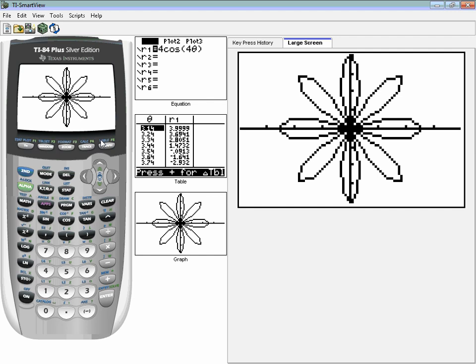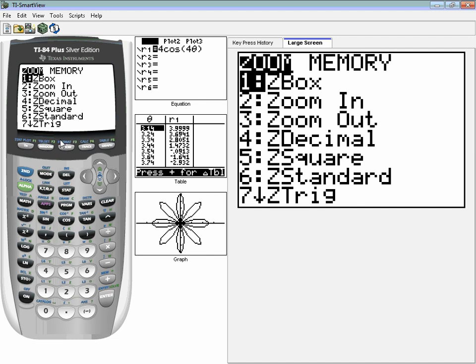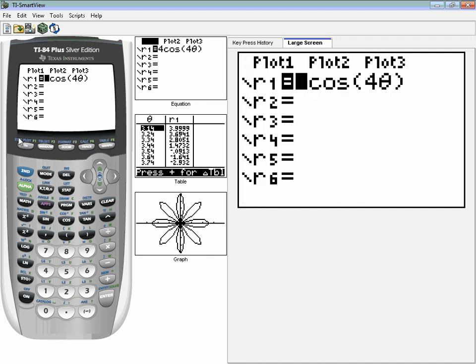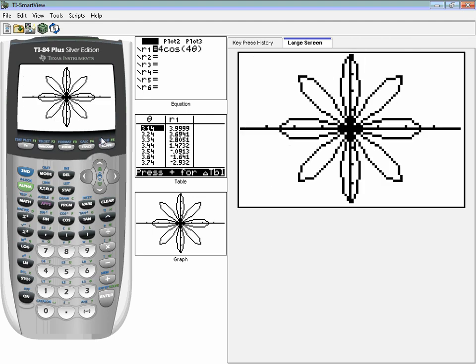Well, you have a different equation than I do, I'm sure. Yeah. I actually went zoom and trig because it makes it fit nicely. So, I think I messed up my calculator. No, you didn't.